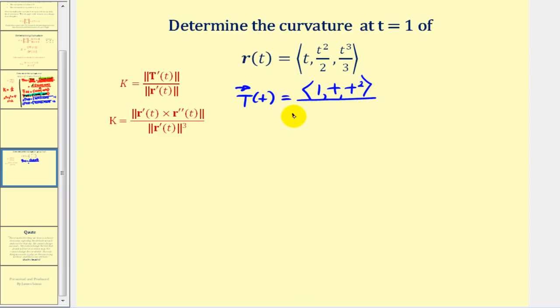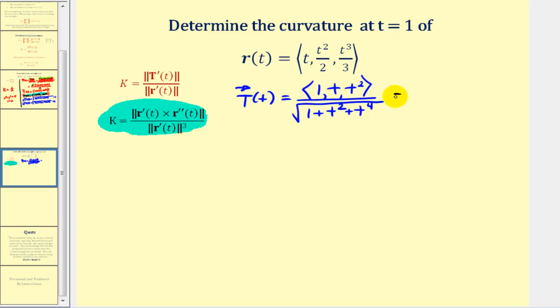Divided by the magnitude, which would be the square root of 1 squared, or 1, plus t squared squared, or t to the 4th. Now looking at this vector valued function, it would be pretty messy to determine the derivative of this vector valued function. So in this problem, let's go ahead and use the alternative formula for curvature given by this formula here.